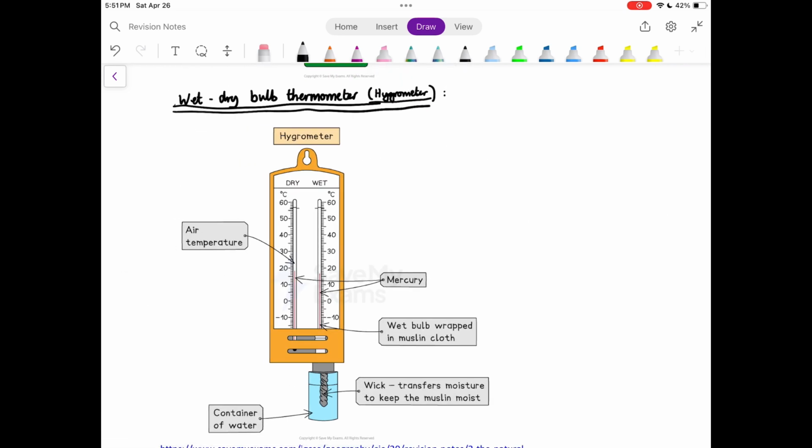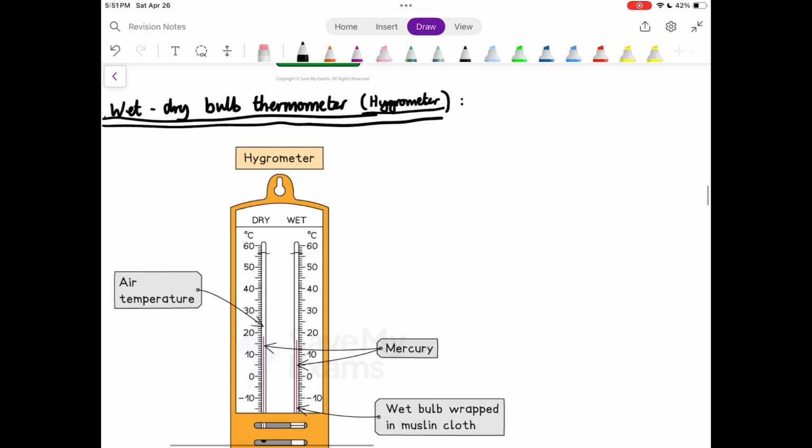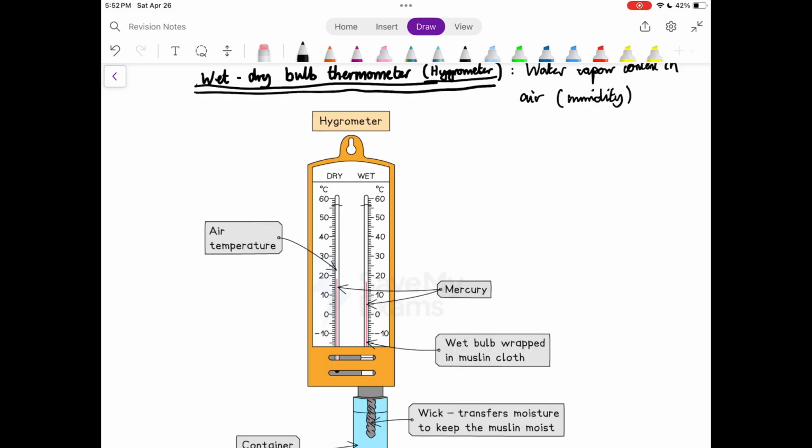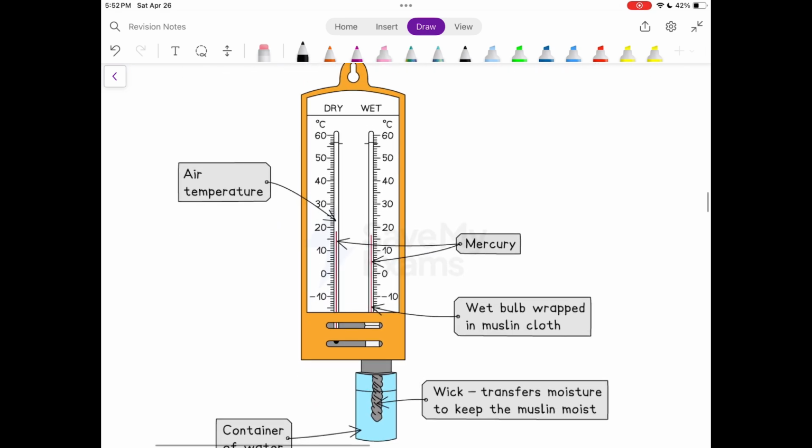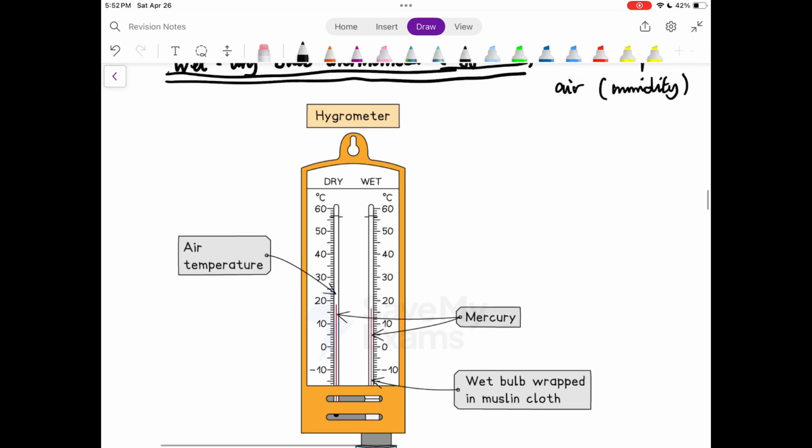Okay, so now we're going to be looking at wet and dry bulb thermometers. So this measures water vapor content in air, and this is basically what humidity is, so you can just use humidity for simplicity. So the hygrometer contains mercury, which is represented by the red line as shown in the diagram.